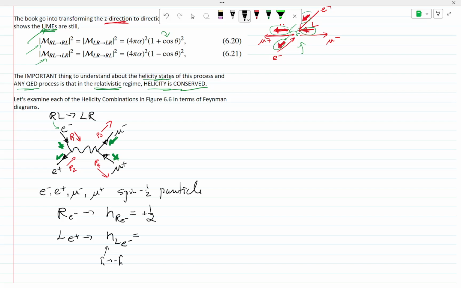We did a little sign flip there. So the helicity of the positron is actually negative 1/2, due to this sign flip of particle to antiparticle, u to v, and therefore it is actually plus 1/2.